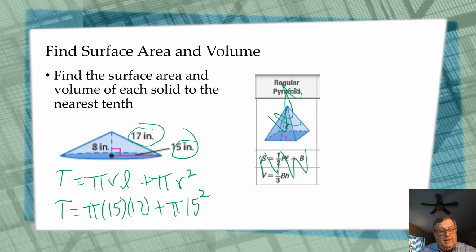Okay, well, let's see. We got pi times 15 times 17. And then plus pi times, well, 15 squared is 225.